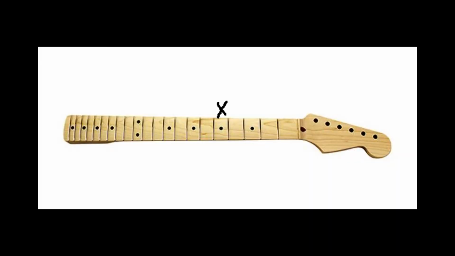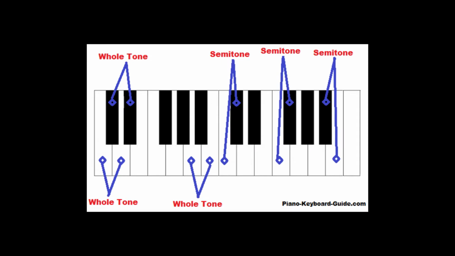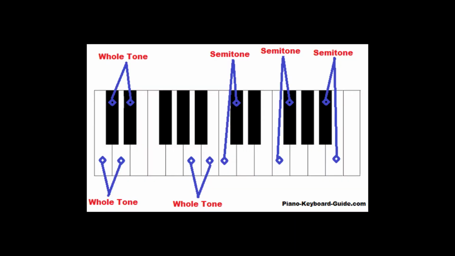In guitar, a tone is 2 frets and a semitone is 1 fret. On piano, each key is a semitone from the key next to it. And do consider the black keys as well. So if you have a key and a black key is close to it on either its right side or left side, that's a half tone, a semitone, and a tone will be 2 semitones.